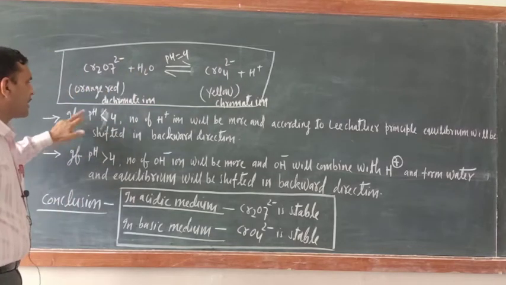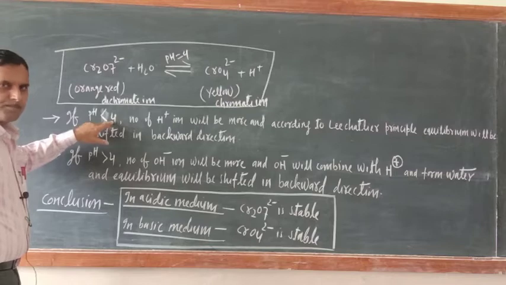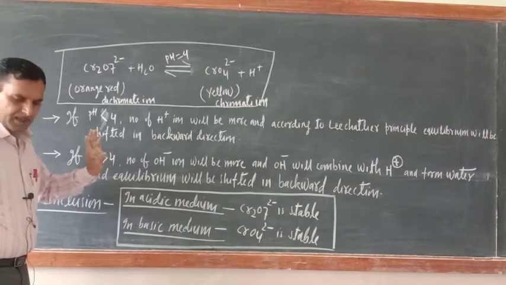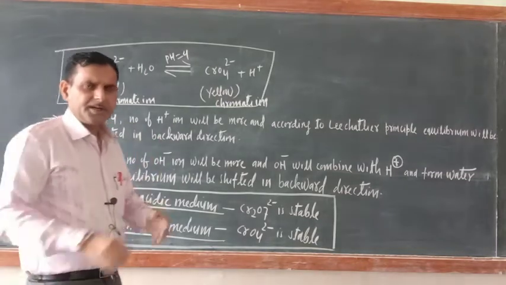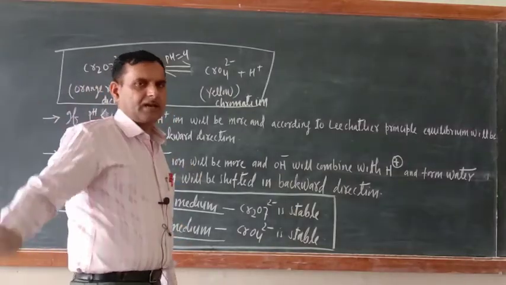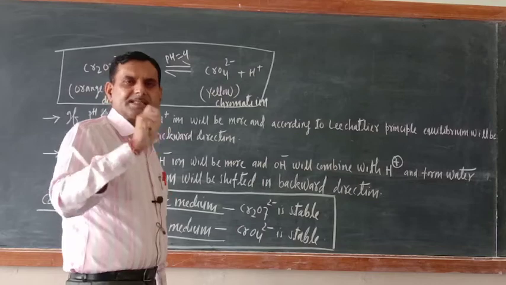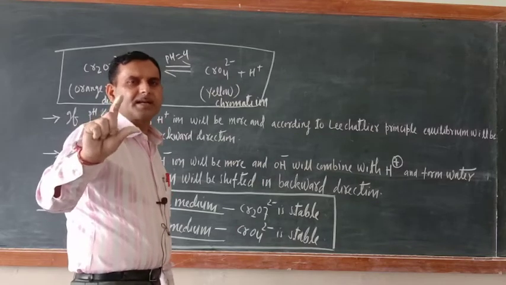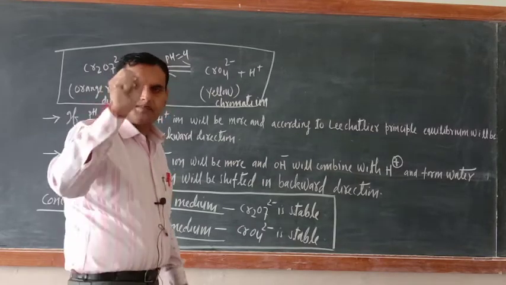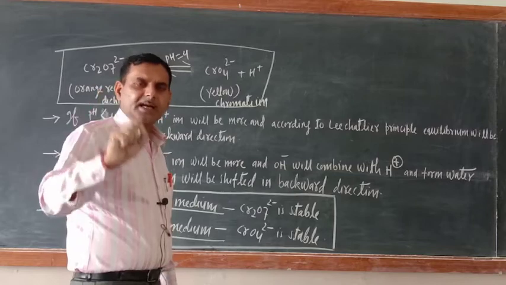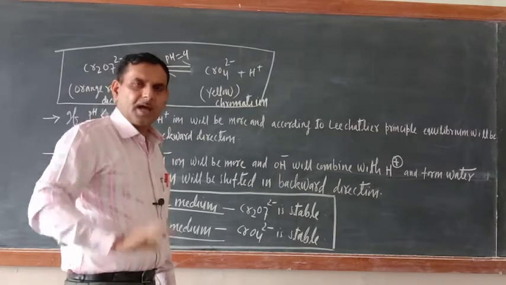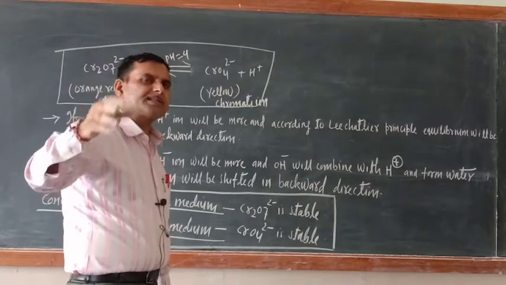Now suppose the pH is less than 4. Remember, generally in the pH scale, 0 to 6.9 we consider acidic medium. pH 7 exactly we consider neutral, and beyond 7 we consider alkaline.